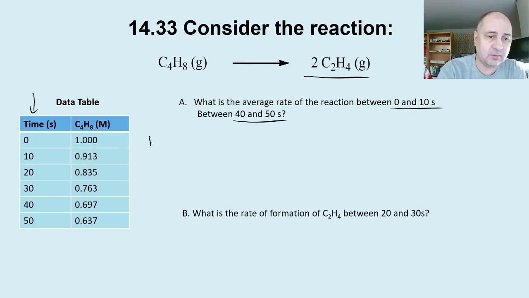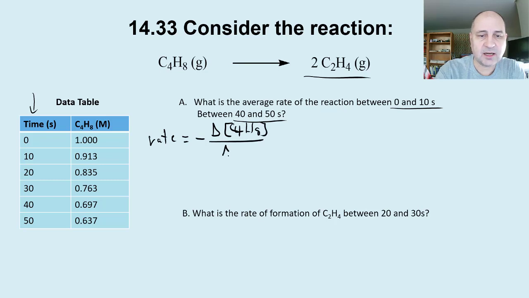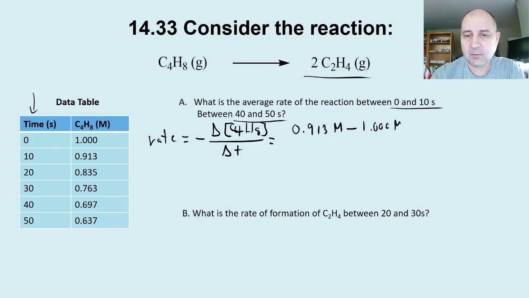And so the rate with respect to the reagent is equal to negative delta C4H8 divided by time. And so between 0 and 10 seconds, we can calculate that by the final concentration, which is 0.913 M, minus 1.000 M over 10 seconds.